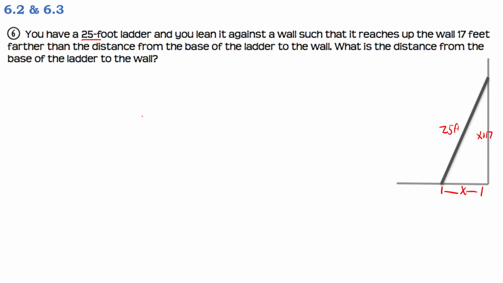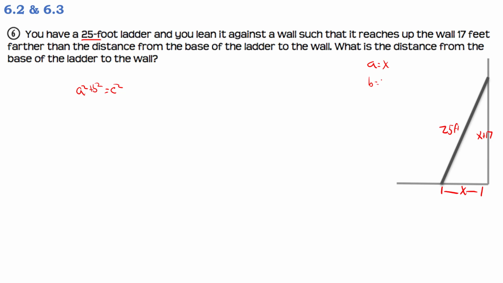So now we can use that equation again of a squared plus b squared equals c squared. Because in this case, we can go ahead and say our a value is x.